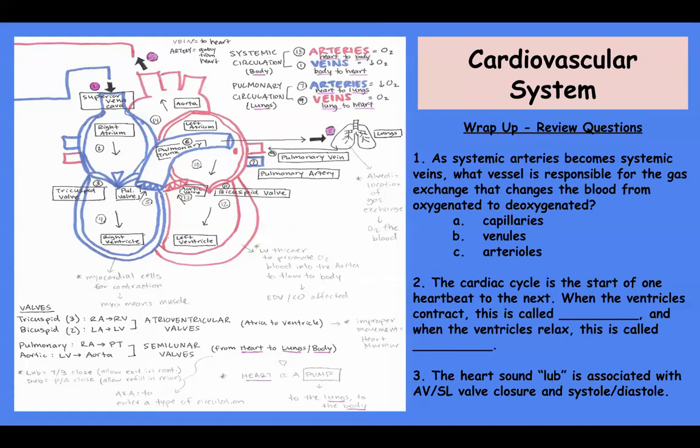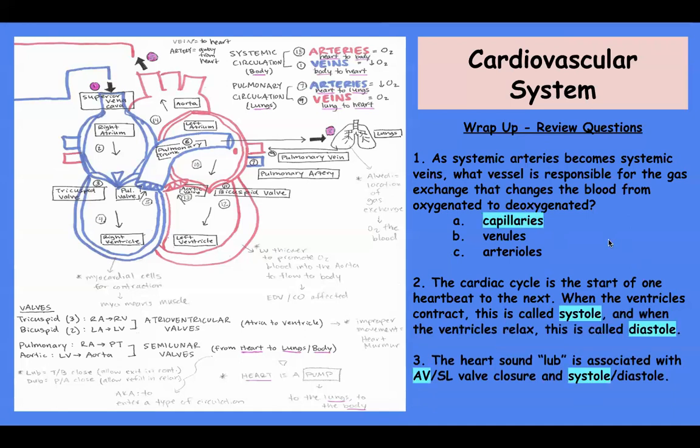Which valves are closing when we hear that first sound, that lub? Which specific valves? Is it the atrioventricular valves or the semilunar valves? I see a comment in the chat, the atrioventricular valve.